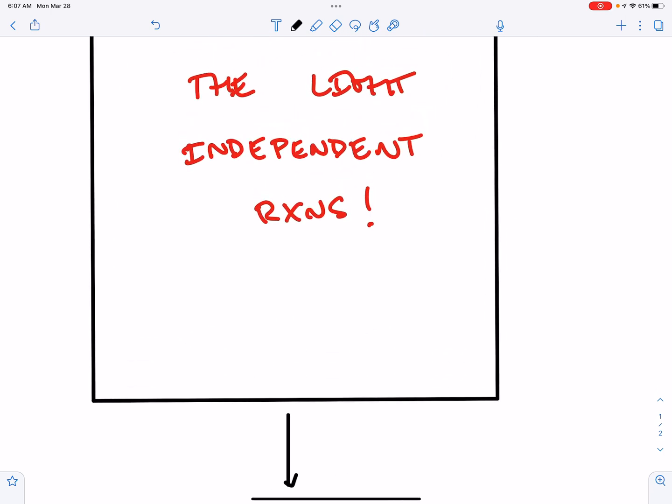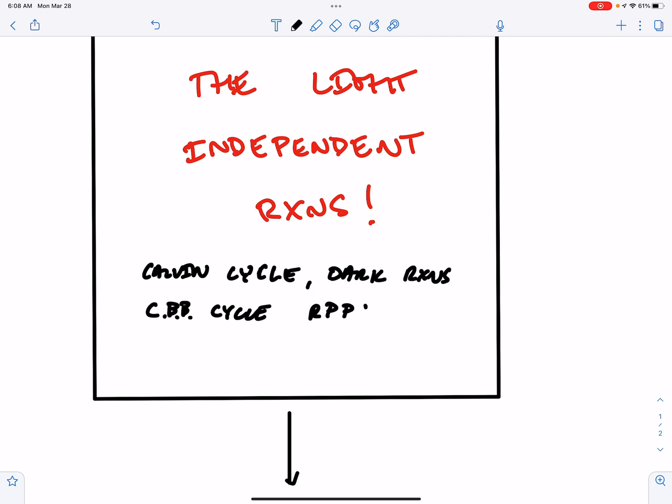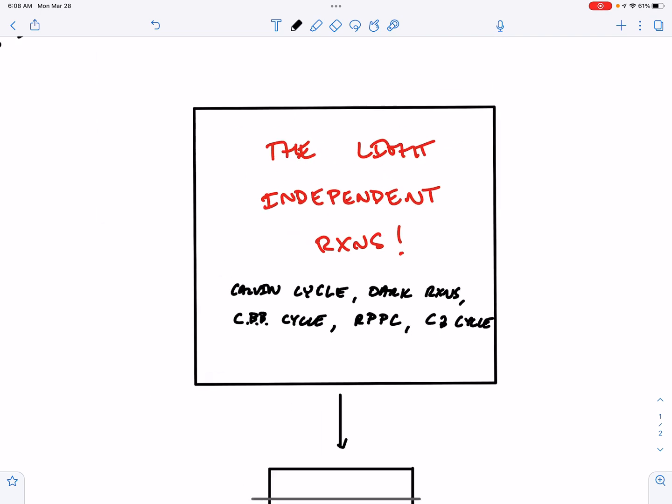In our class, we're calling them the light-independent reactions, but you also see them called the Calvin cycle, or the dark reactions, or the Calvin-Benson-Bassham cycle, or the reductive pentose phosphate cycle, or the C3 cycle. And they all mean the same thing.